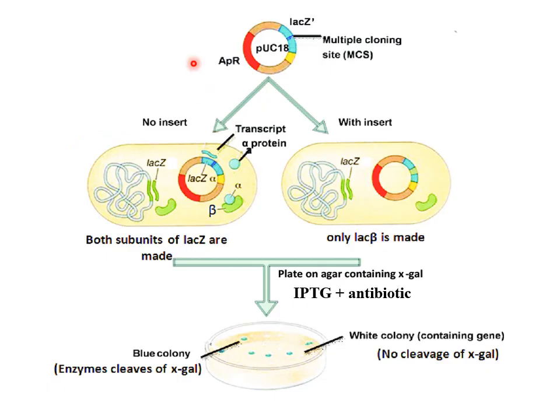This slide is showing the mechanism of blue-white screening. This is our vector DNA in which we ligate our gene of interest. This is the multiple cloning site, from where we cut this plasmid circle, and this is lacZ prime, a part of the beta-galactosidase gene, and this is the antibiotic resistance gene. When we do the transformation, two of the options are shown here.